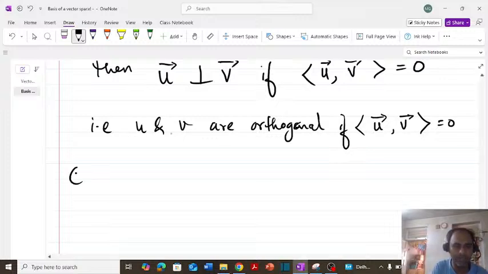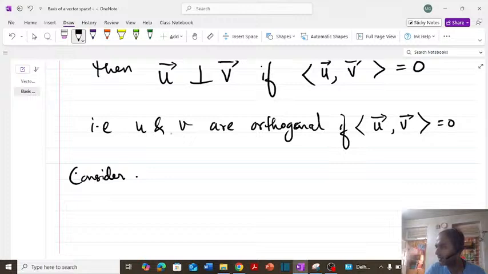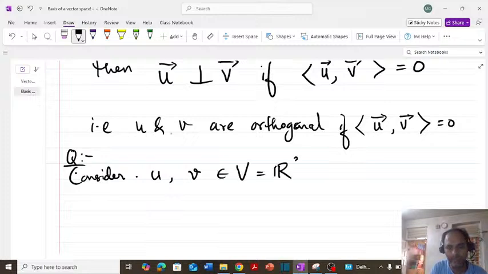So let's take up a question. Consider u and v as vectors in V equal to R3.